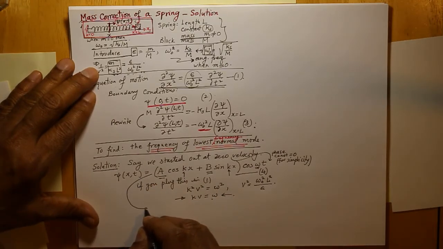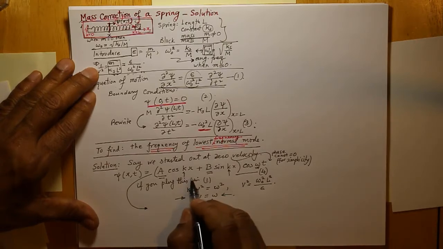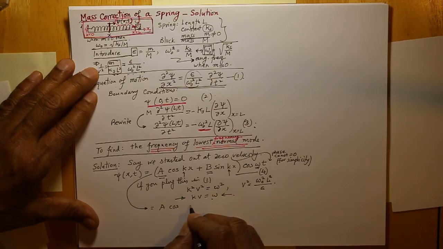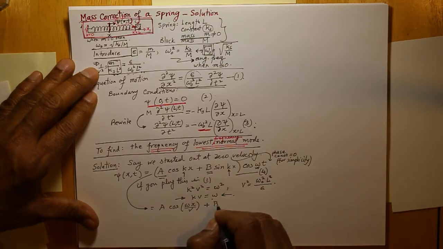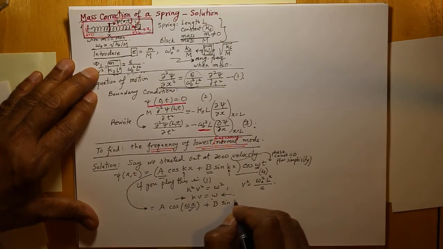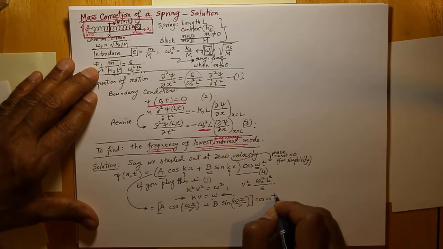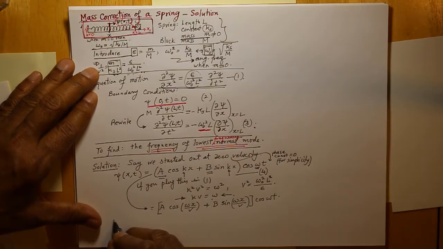So you could think of this as a cosine omega x over v plus b sine omega x over v, and the whole thing times cosine omega t. Okay, now to the boundary condition.